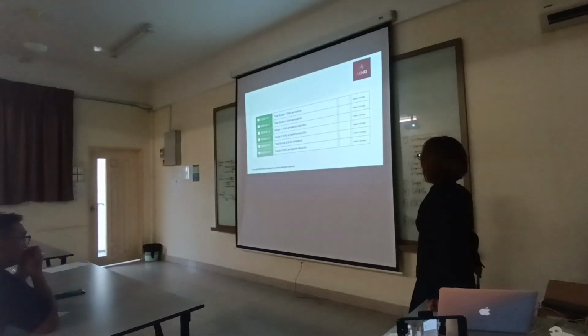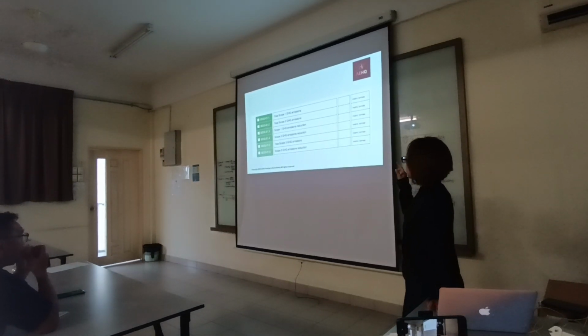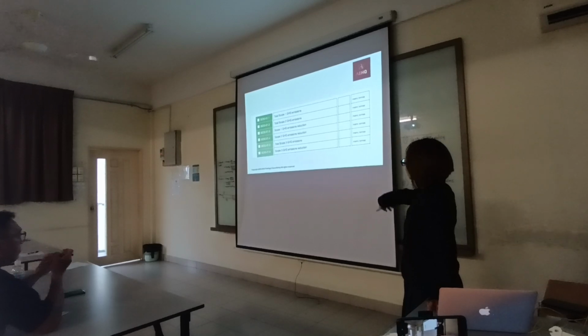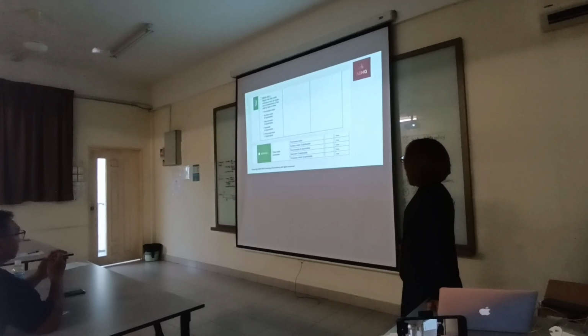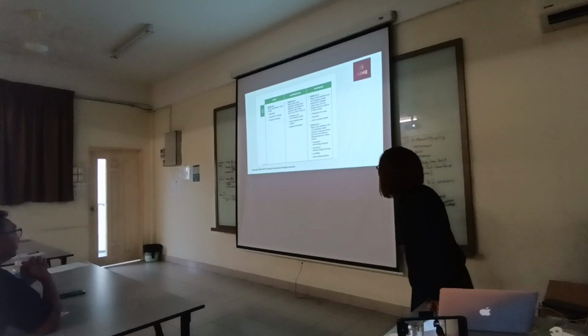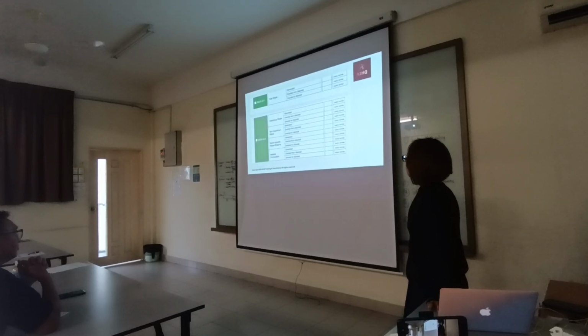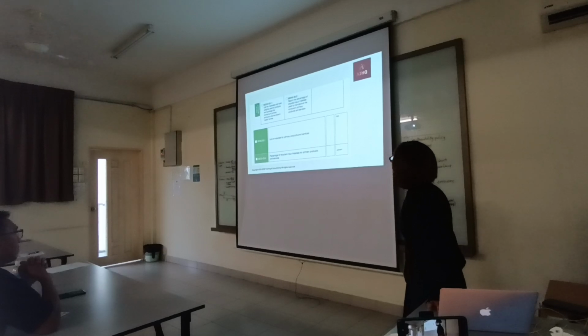So this is just to show you what indicators the SEDG has listed. It can be scope 1, 2, 3 emission. It can be about energy. It can be about water. It can be about waste. It can be about materials.